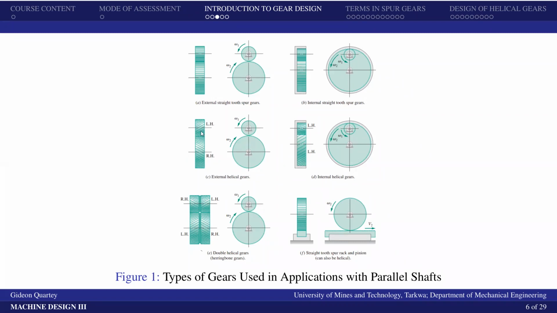In cases where we don't want that, because it could put more stress on the bearings, we could bring in another helical gear in the opposite arrangement at the other side. So if the teeth are designed such that we have an angle to one side and another angle to the other side, the axial forces generated by one part are cancelled by the axial forces generated by the other part. Are we okay? Are we following?